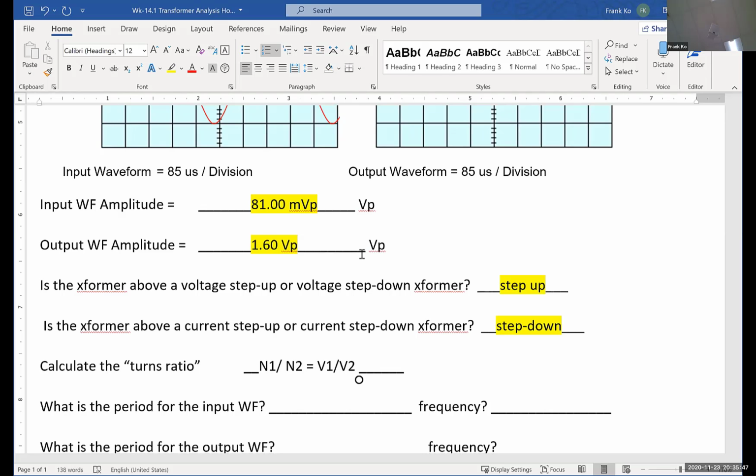And what's that calculate to be? We can calculate this to a decimal.